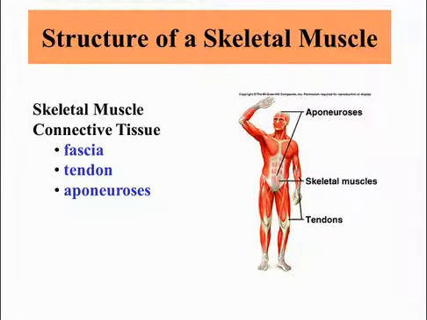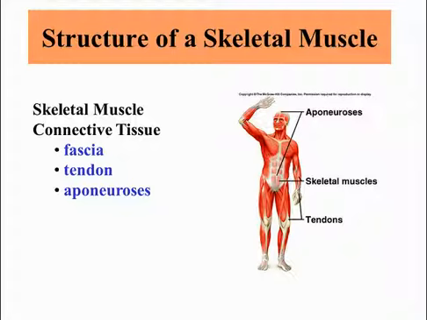We have skeletal muscle, and before we look at the structure of skeletal muscle, we need to look at the outside, which has connective tissue. There's a layer of dense connective tissue overlying that muscle, and it is called fascia.